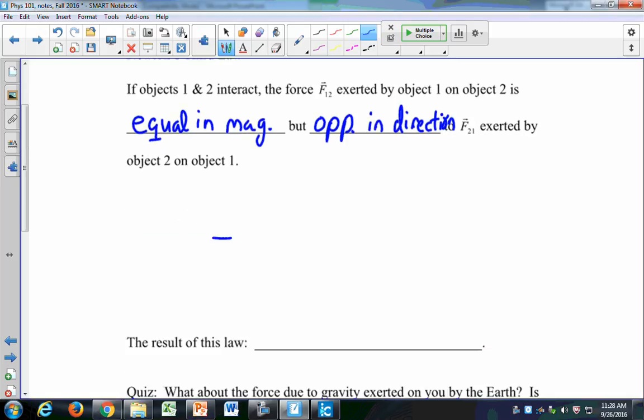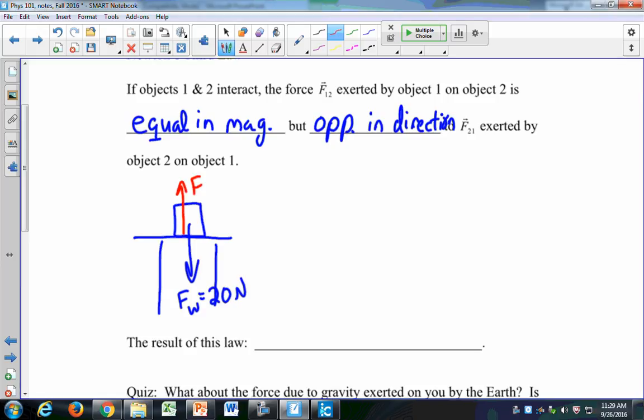So for example, if I have an object here, it has a certain force acting downward, say the weight. Let's say that this weight is equal to 20 newtons. Then there's going to be an equal but opposite force pushing back on the object that will also be equal to 20 newtons.